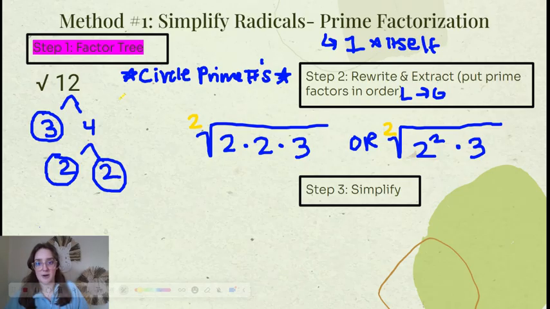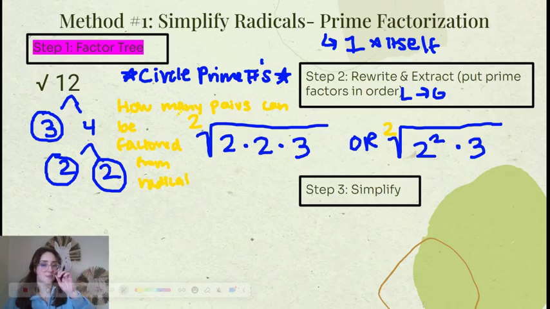So how many pairs can be factored from the radical? I know it's a lot of detailed notes. I want to make sure we're ready when we need this. All right, how many pairs can be factored from the radical?